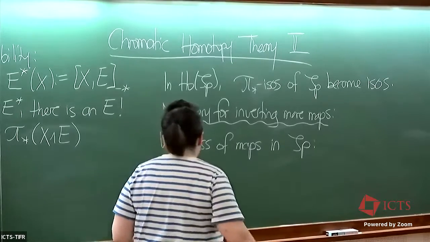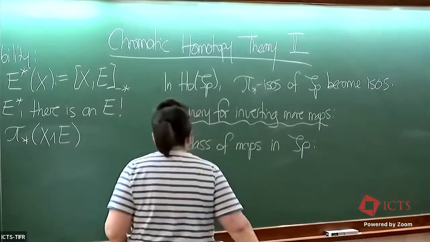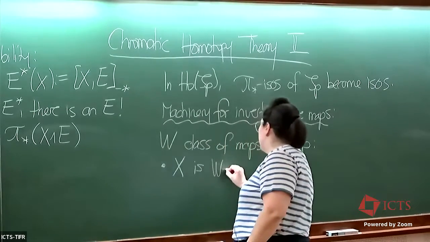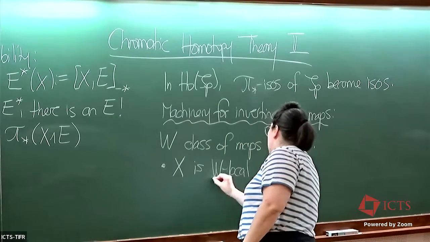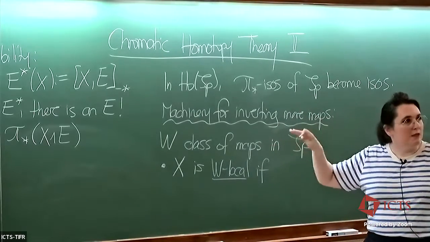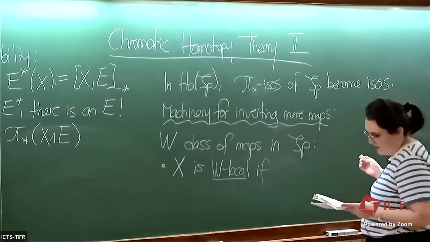So first of all, we need to define the following, namely that a spectrum is W local if it can see the elements of W. So what does that mean?